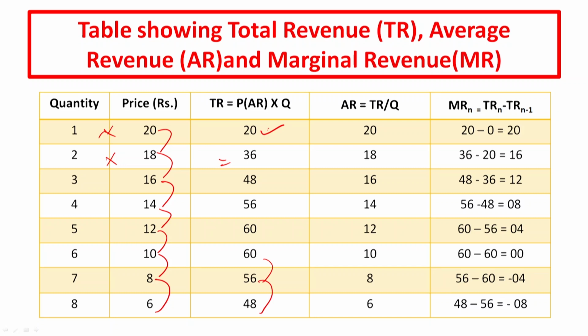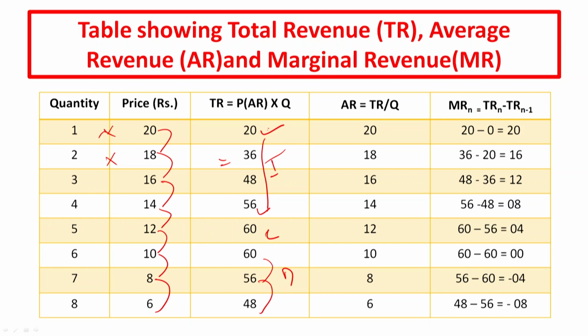Initially it was increasing till this point, then it became constant, and then it is decreasing. So that is the nature of total revenue.